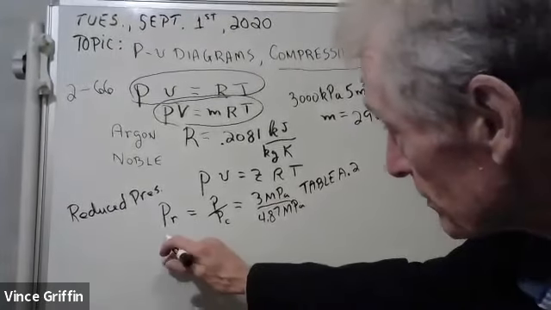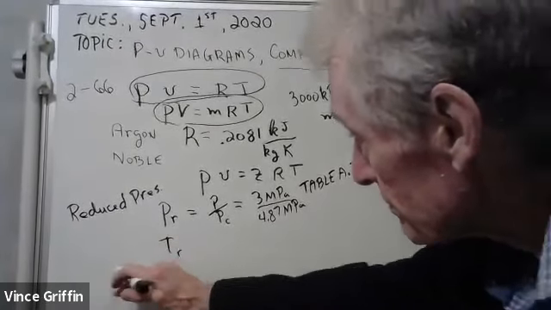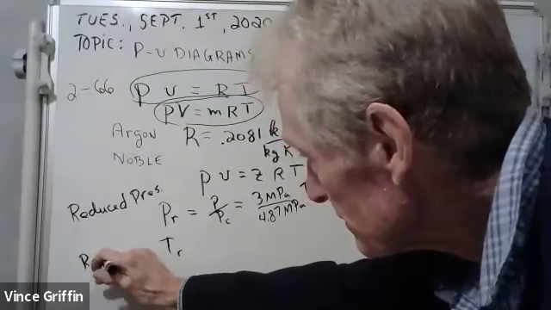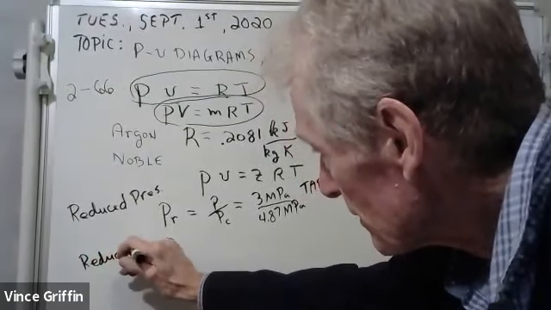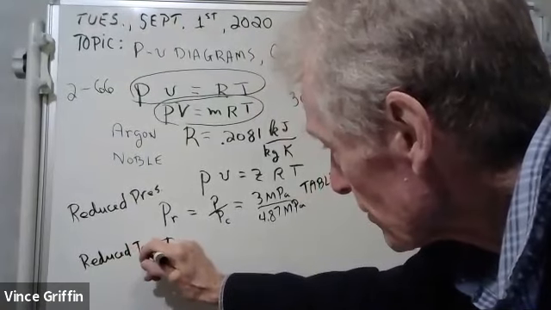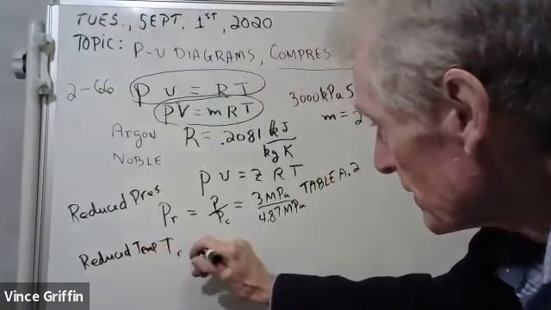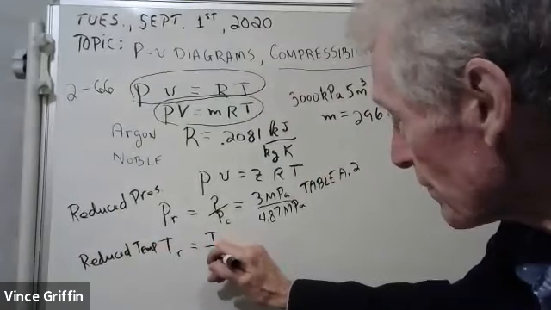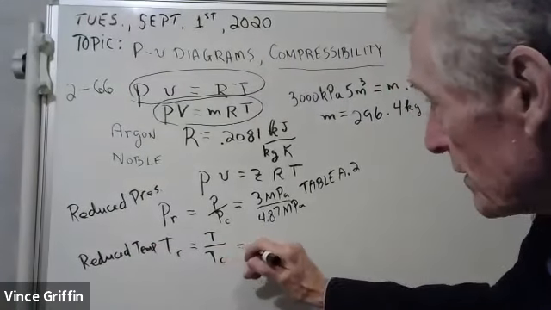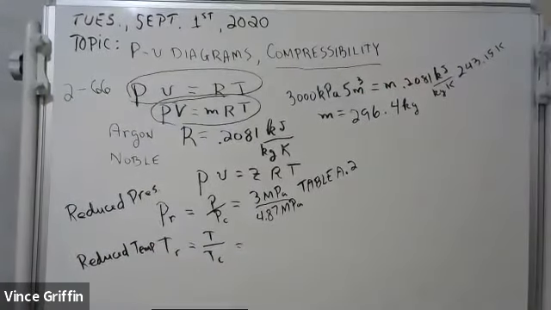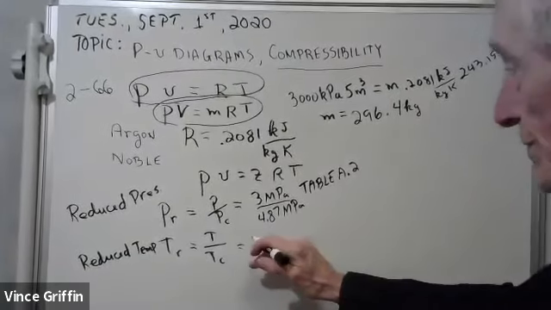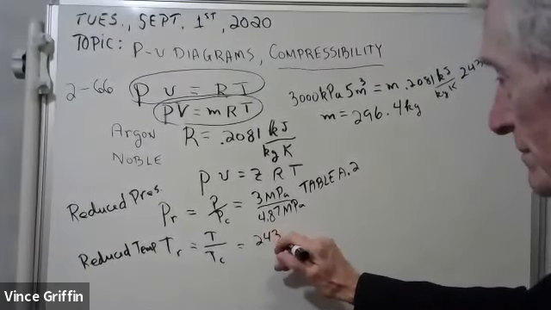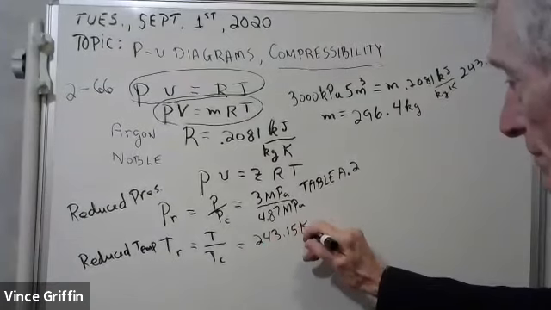And then we need the reduced temperature, which is the temperature divided by the critical temperature. The temperature is 243.15 Kelvin.